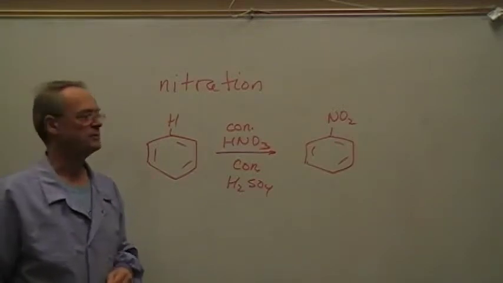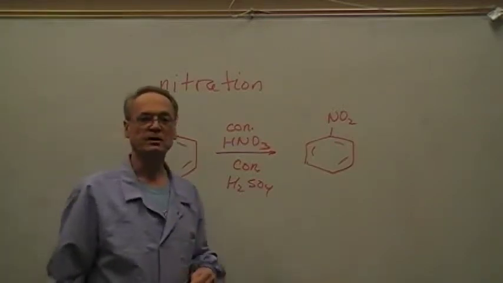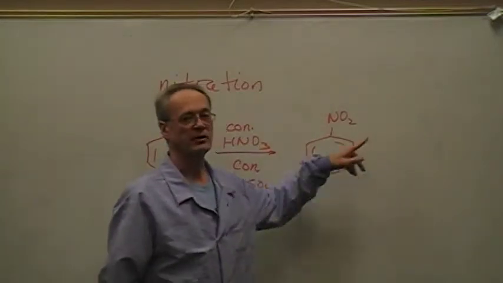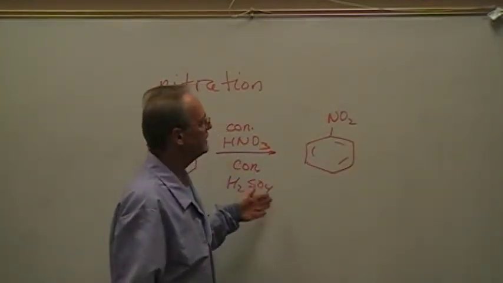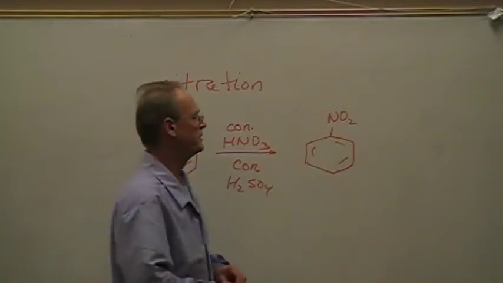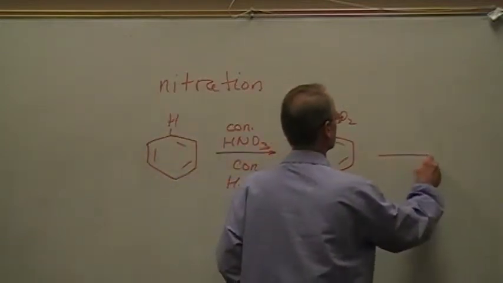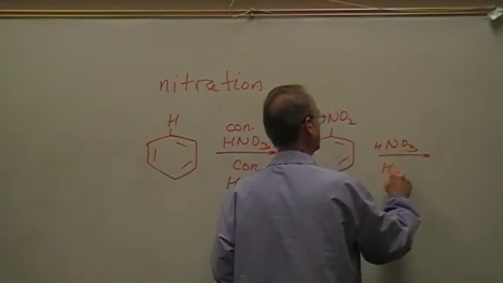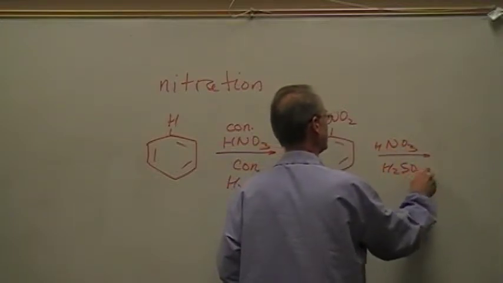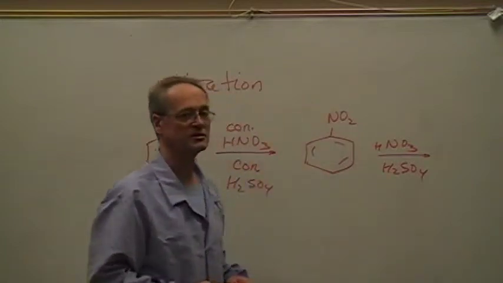Now, very important question, can this reaction continue? Because, of course, there may be other hydrogens on the benzene ring. And the answer is, it's slower to do it again, but it is possible. So if we add more concentrated nitric acid and concentrated sulfuric acid, I'm just going to write it as nitric and sulfuric.